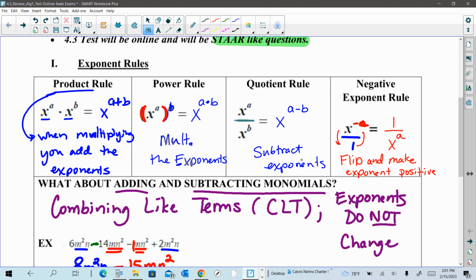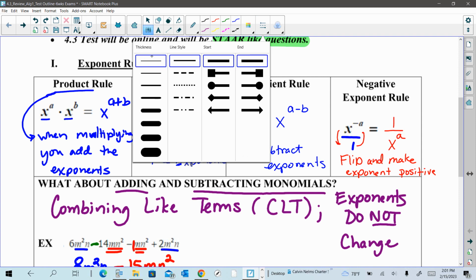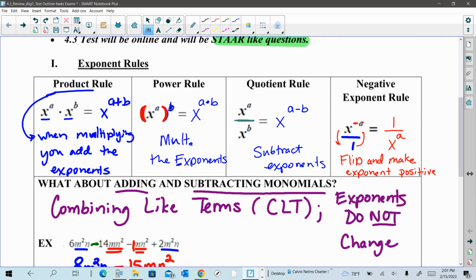And then negative exponents, we cannot keep an exponent with a negative. That's supposed to be a negative x there in case we didn't see it. To change this, you use the reciprocal. So remember to flip it and then change the exponent to positive.